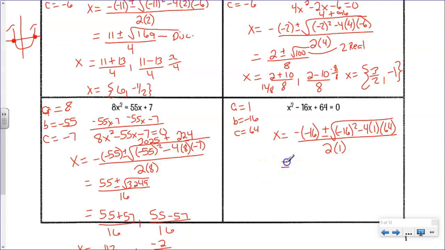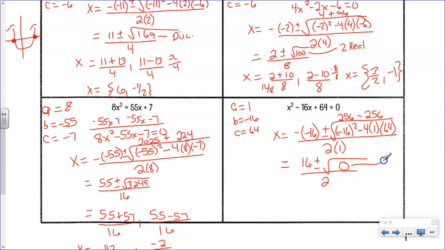That's going to make it positive 16 plus or minus the square root. 16 times 16 is 256. 4 times 64 is 256. 256 minus 256 is 0, over 2.